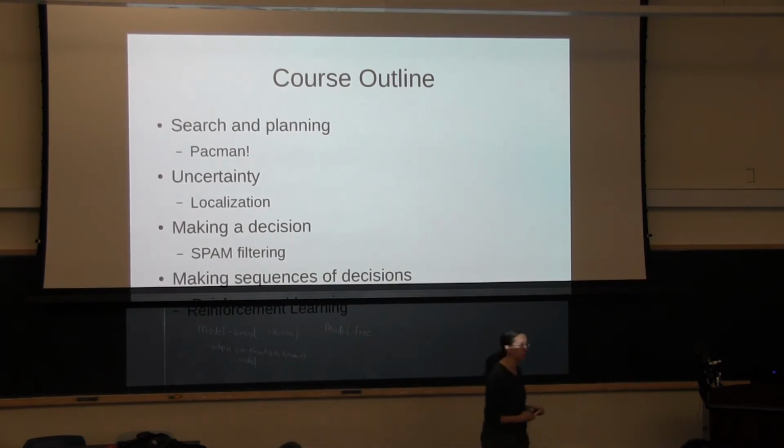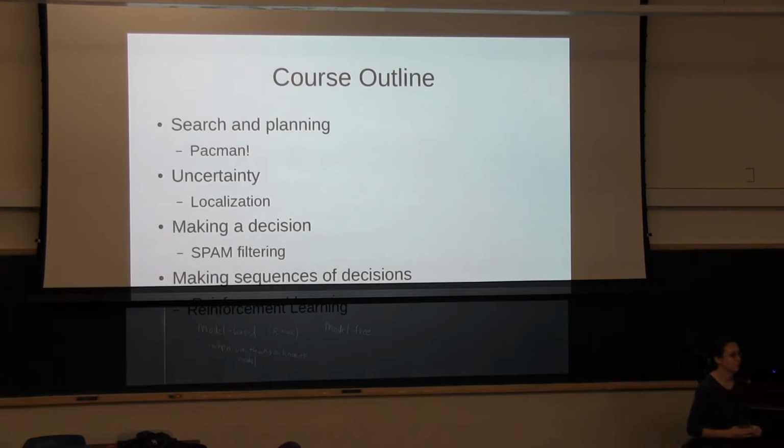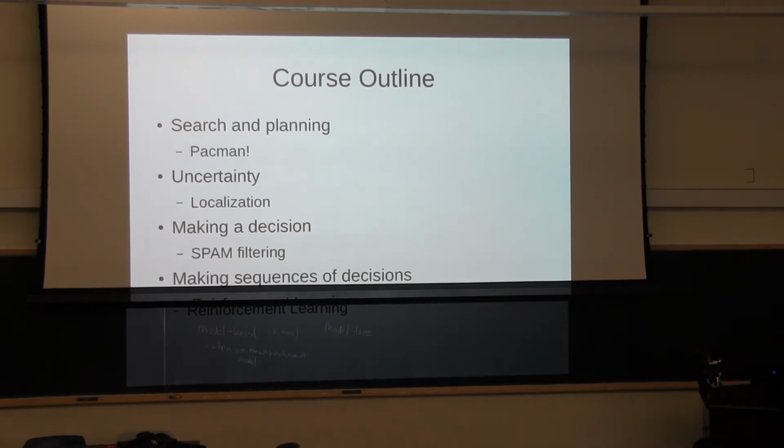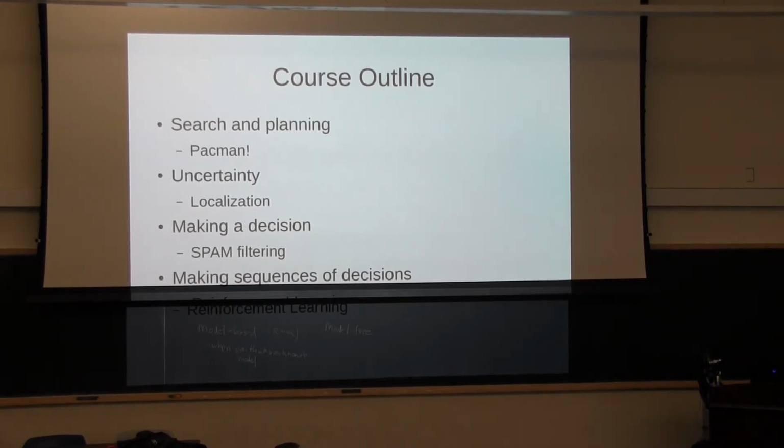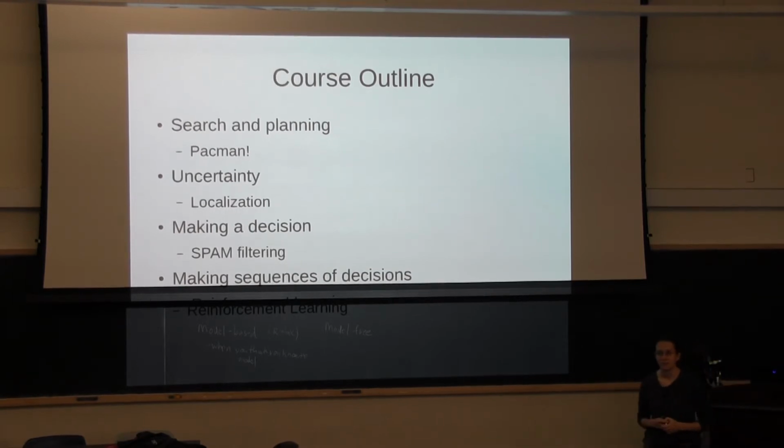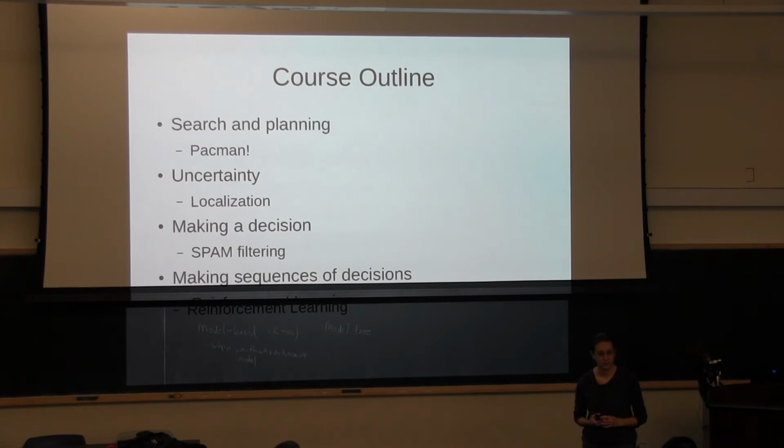And what about model free? What's model free? Somebody else. Maybe somebody wants to expand on that a little bit. He said just trying to learn what the best thing to do is in this state.